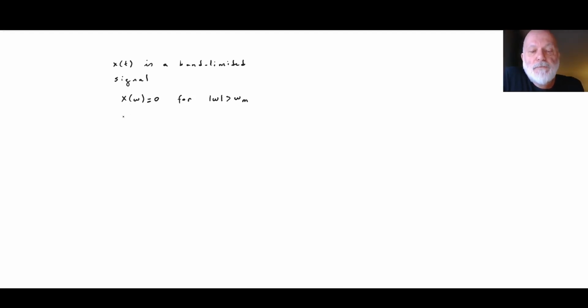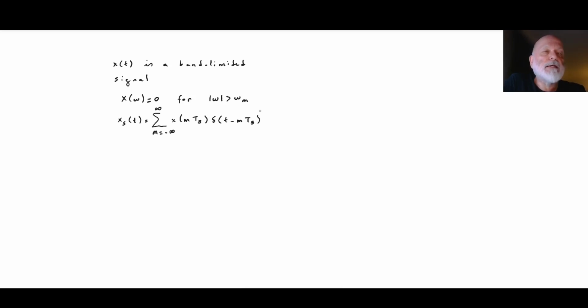Now, from x of t, we obtain the sampled signal, xs of t, which is the sum over m from minus infinity to plus infinity of x of m Ts delta of t minus m Ts. So we have the sampled signal, but what kind of sampling do we have in this case?